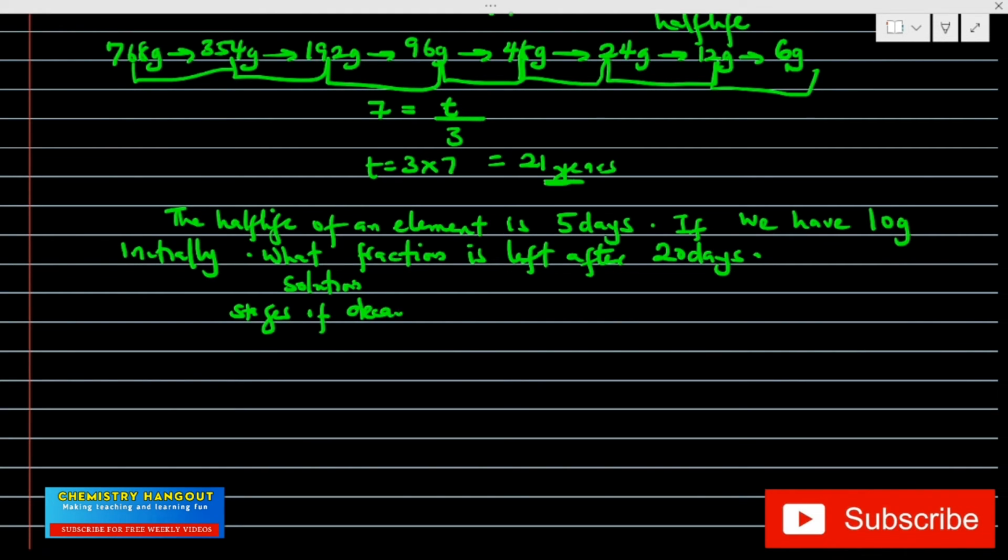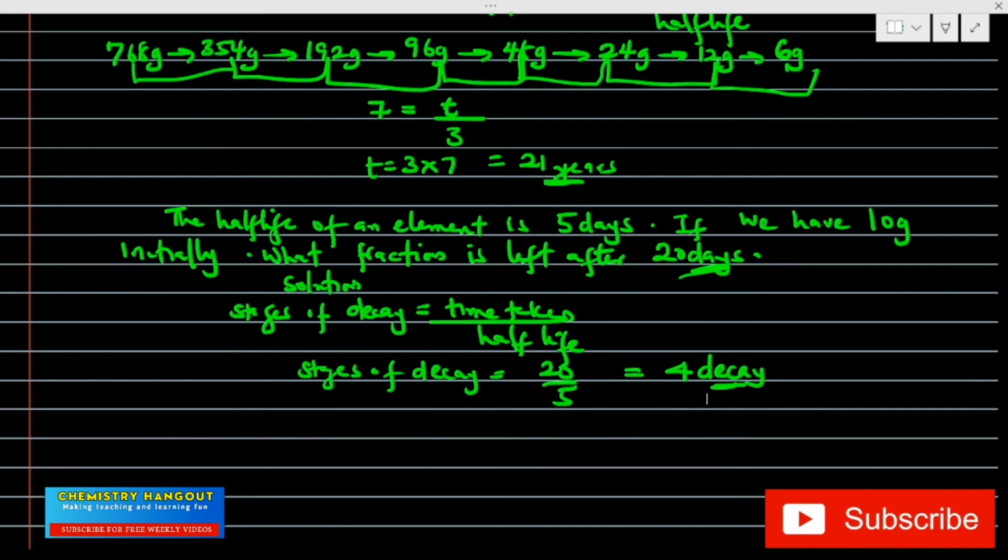Stages of decay will be our time taking over half-life. That's 20 over 5, so our stages of decay will be 4 decay. Right? So it's going to decay 4 times.